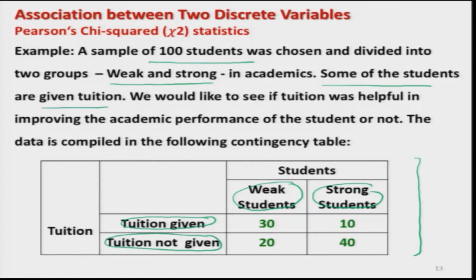It was found that there are 30 weak students who were given the tuition, and 10 strong students, 10 good students, who were also given the tuition. Similarly, there were 20 weak students who were not given the tuition, and 40 strong students who were not given the tuition. Based on that, we would like to find whether there is any association between tuition and the academic strength of the students.